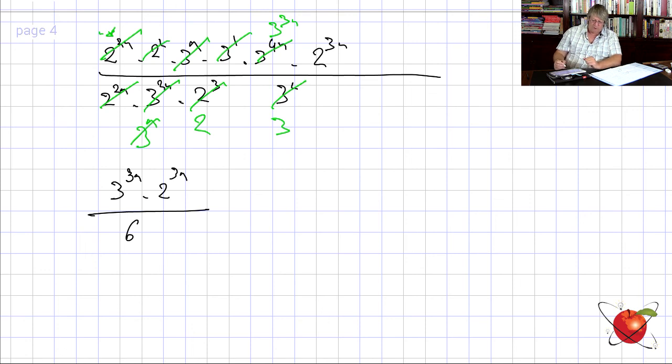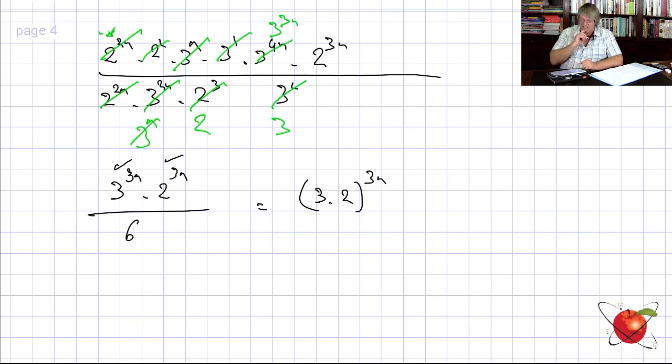Now you could, if you want to, group that, since they are both to the same exponent, which means I could bracket that 3 times 2, all to the 3n. Can you see I'm putting them back in the brackets? If I multiply the brackets out, it's that and that, isn't it? So over 6, which is 6 to the power of 3n over 6.